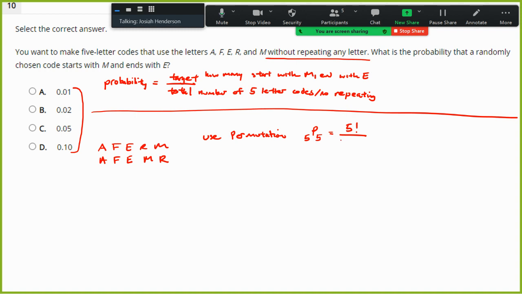When we plug this into the formula, n minus r, 5 minus 5, factorial on the bottom, that's 0 factorial, which is just the number 1. So we essentially are just doing 5 factorial, which is the fundamental counting principle, 5 times 4 times 3 times 2 times 1. So there's 120 different ways to arrange the 5 letters. This is our total number that will go in the denominator.